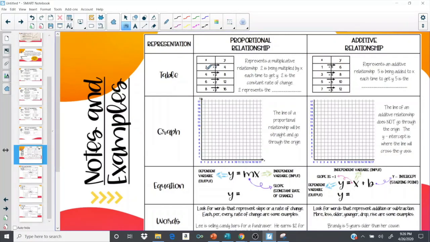So you must multiply x by 2 each time to get the corresponding y value. 2 is the constant rate of change, which means 2 represents the, if you said slope, you are correct.